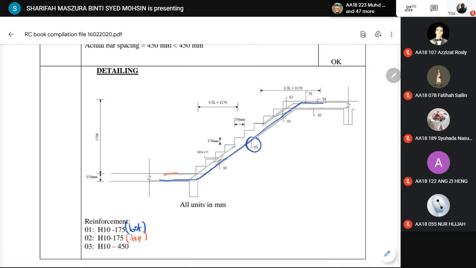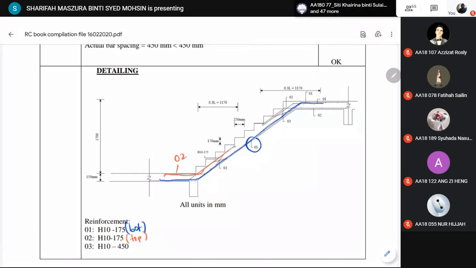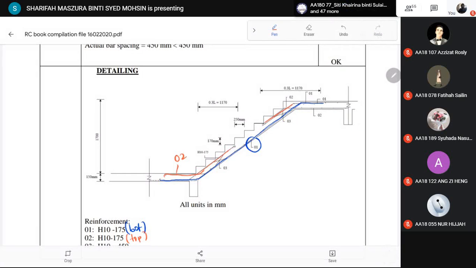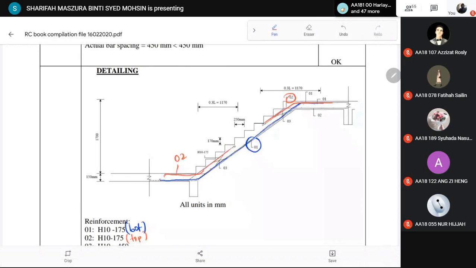So we have reinforcement at the support, and here as well. So 1 and 2 is based on the reinforcement design.